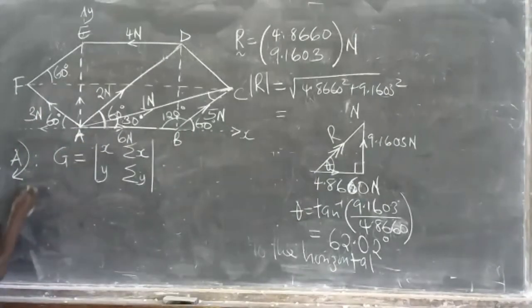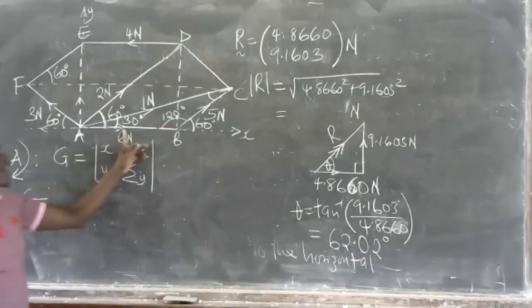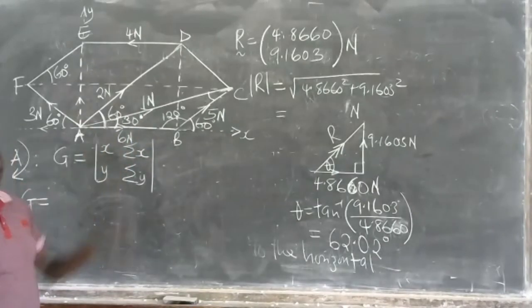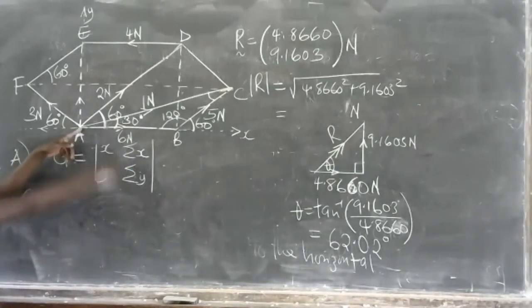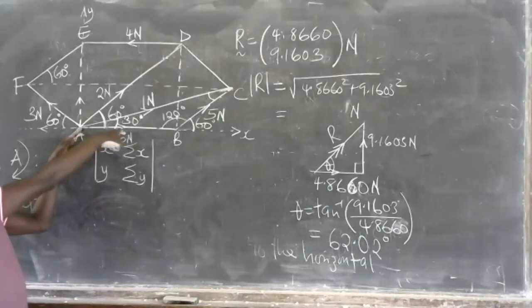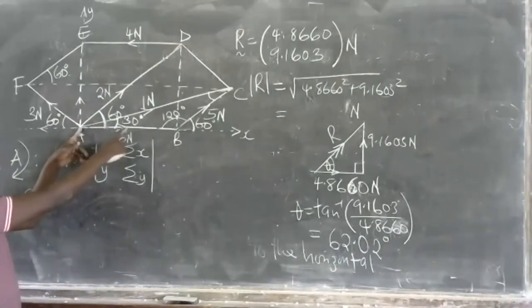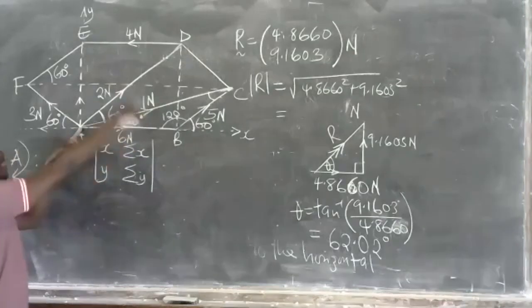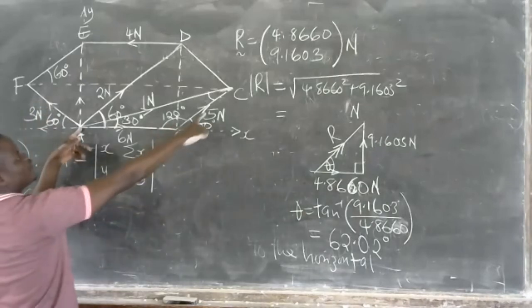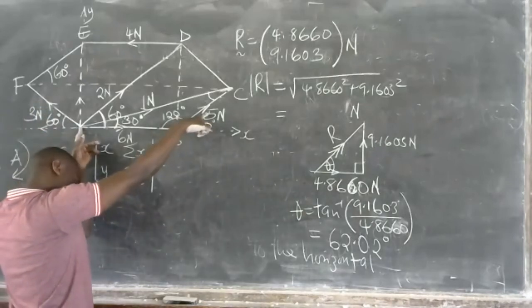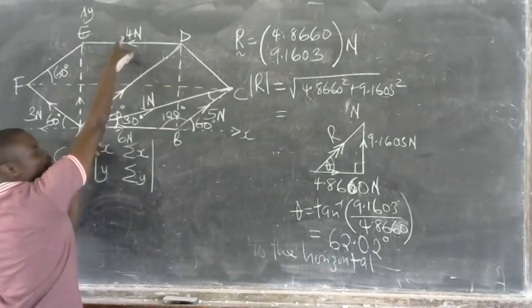So the sum of moments about A, G, equals. We discard all these forces whose lines of action are passing through point A, such as 6 newtons, which has no moment because it has 0 perpendicular distance from A. 1 newton, no moment. 2 newtons, no moment. And 3 newtons, no moment. Meaning, we are only left with the 5 newtons force and the 4 newtons force.